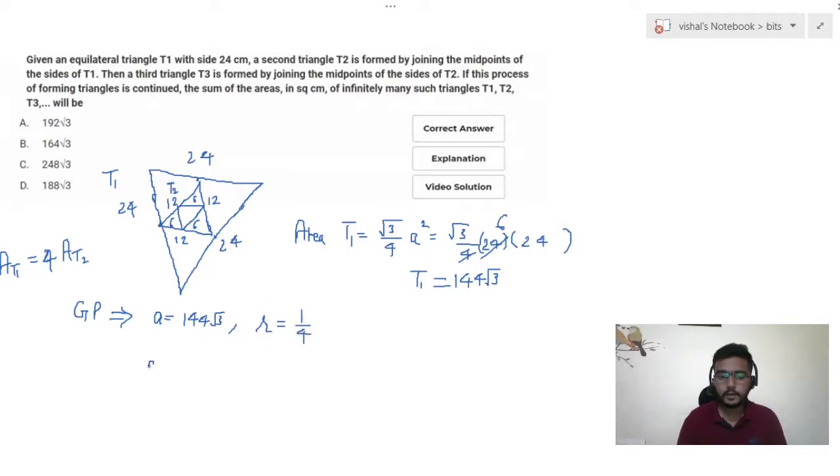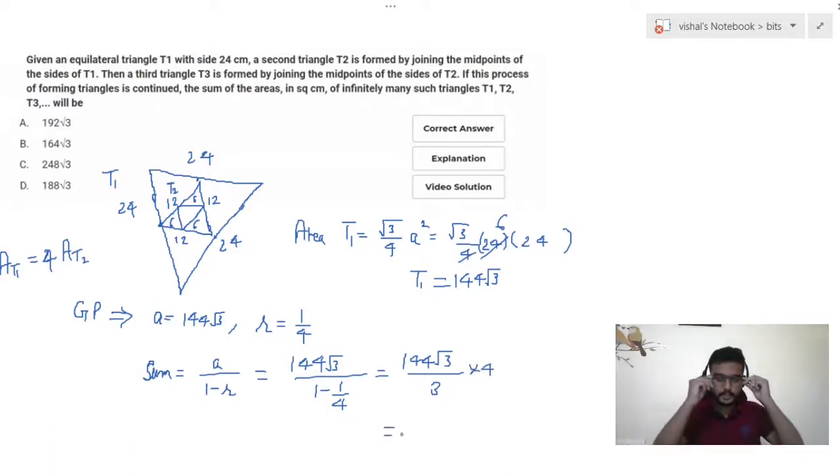So the summation of all the triangles will be given by A divided by 1 minus R. That is equal to 144 root 3 divided by 1 minus 1 by 4, which will come out to be 144 root 3 divided by 3 multiplied by 4. So when you calculate, it will come out to be 192 root 3. So option A will be the correct one.